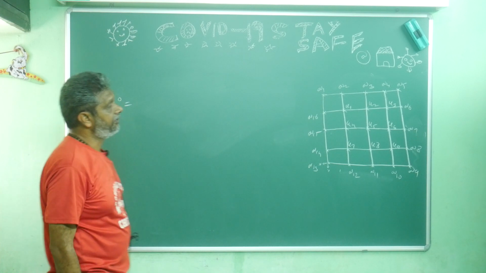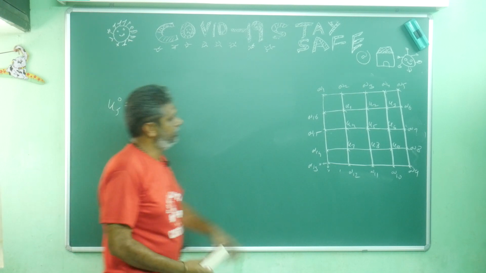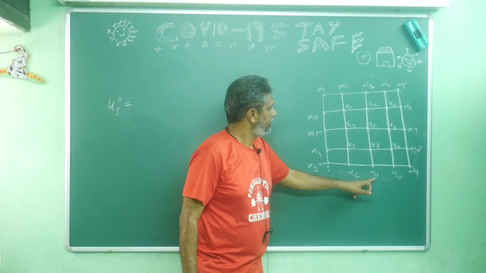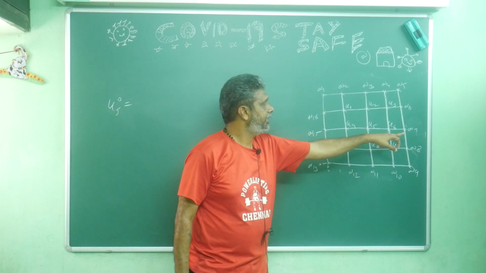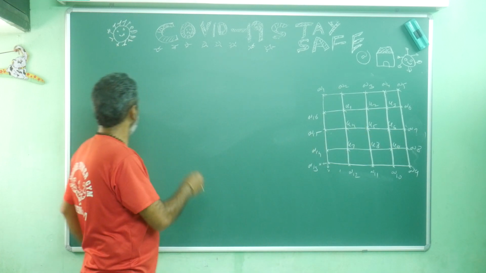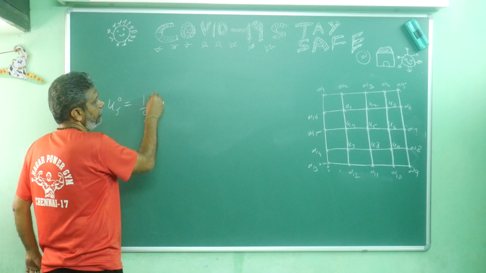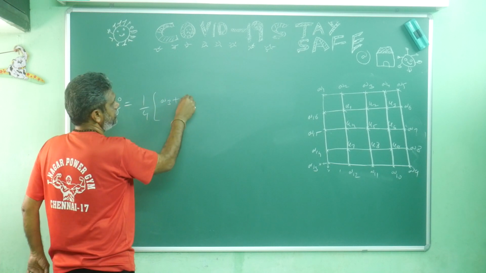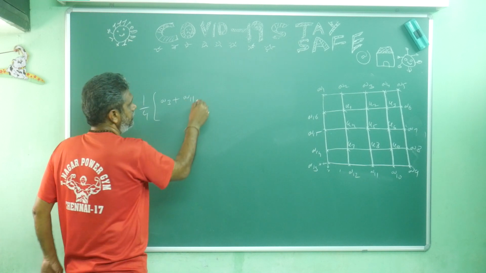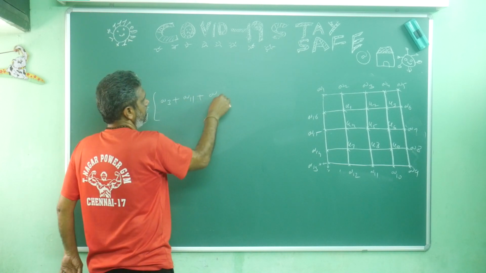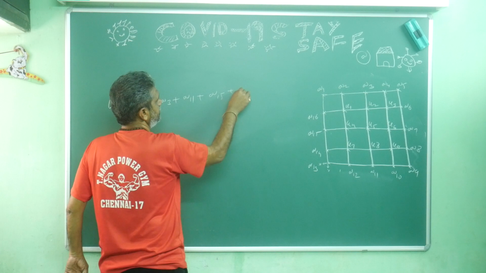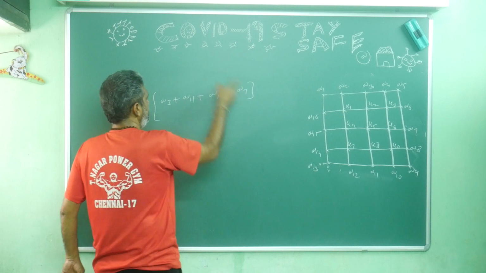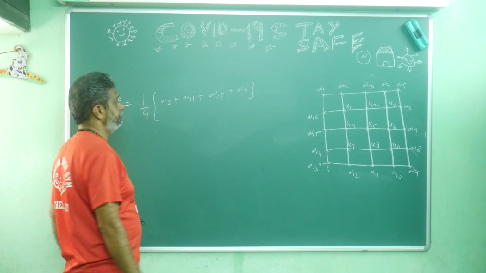Using the standard 5-point formula, U5 is A3, A11, A15, A7 divided by 4. So how can you write it? 1 by 4 times A3 plus A11 plus A15 plus A7, because all these values I know.